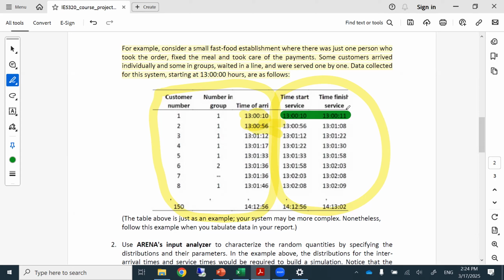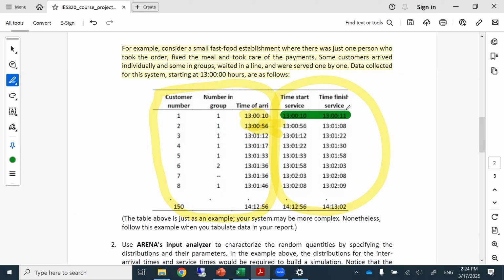So if you're going to be observing for 1 hour, try to stay for 1 hour on the days that you're observing, right? The time period that you're observing is important because you're going to be running your simulation for that same time period. So one hour, stay for 1 hour the next day, so we can use the same replication length for your simulation. Okay.